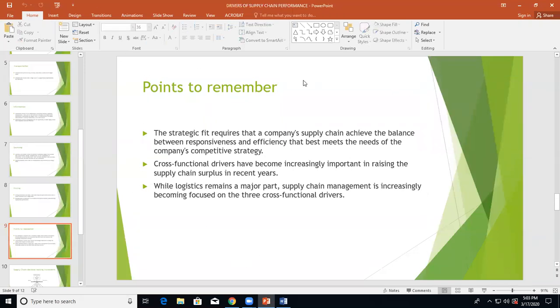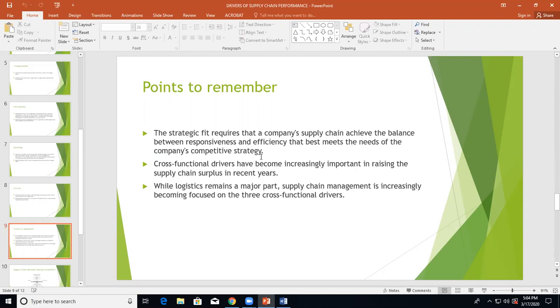There are few points to remember, for which I have made a dedicated slide so that you remember these points. The strategic fit requires that the company's supply chain achieve the balance between responsiveness and efficiency that best meets the needs of the company's competitive strategy. अब आप समझिए कि strategic fit requires that the company's supply chain achieve the balance. ठीक है, the balance is very very important.